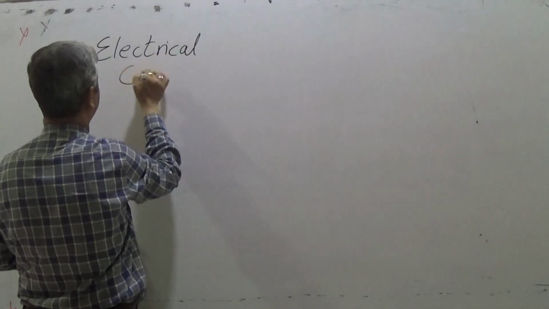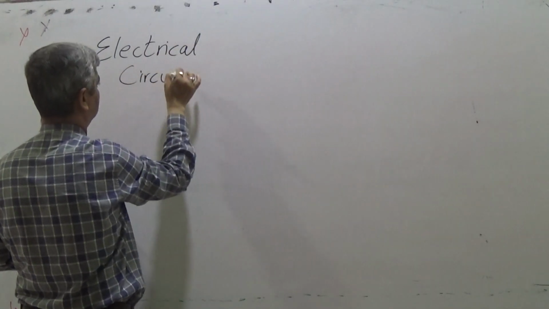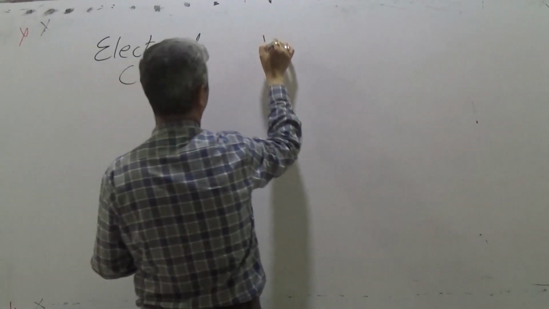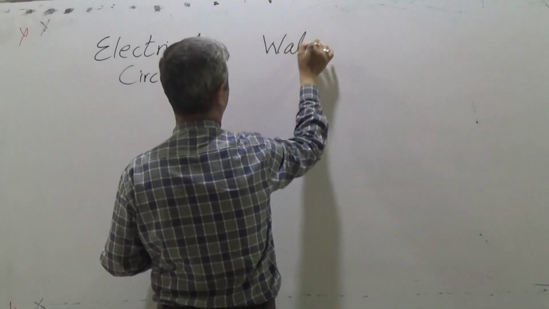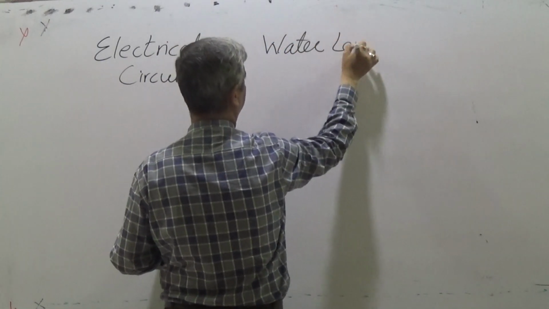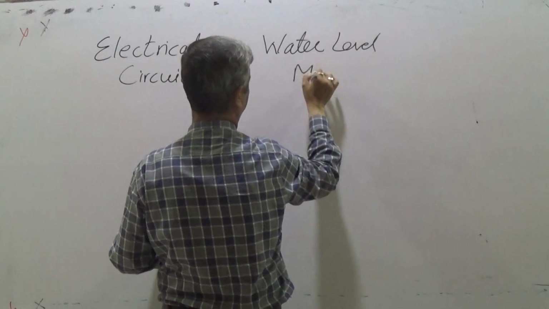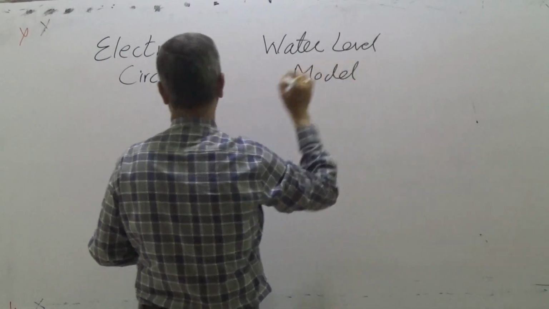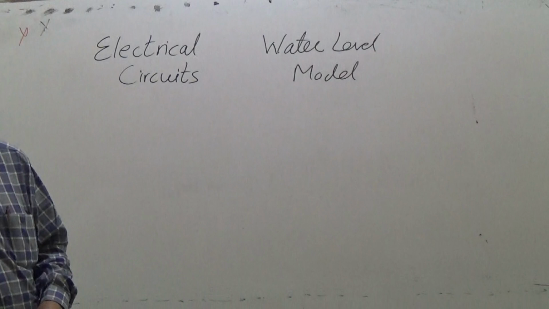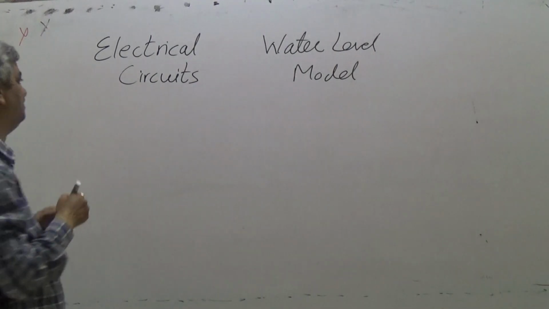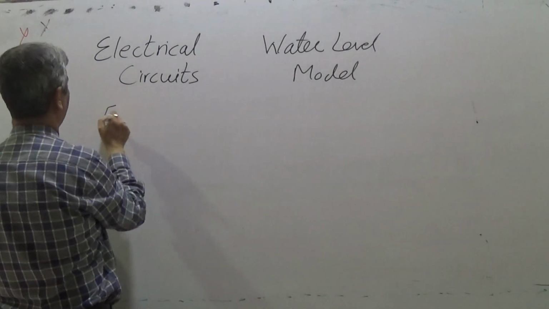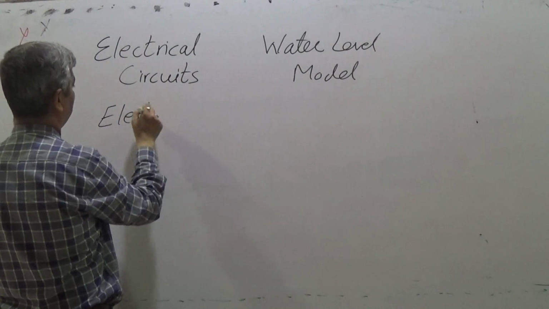So on the electrical side, electrical circuit, and water level model. On the electrical circuit, what do we have? We have first the electric charge. What is electric charge?